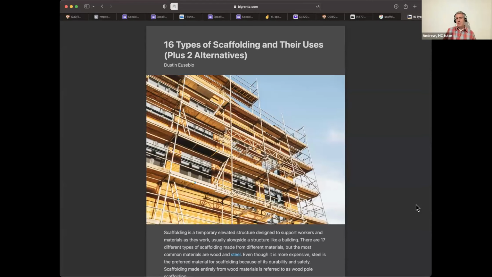Here's a clue. Okay, andamio. Yes. So it's a temporary support structure, right? Andamiaje, says my wife. Andamiaje, right? That builders use when they're constructing a building.